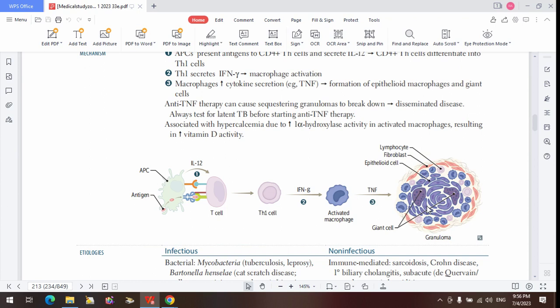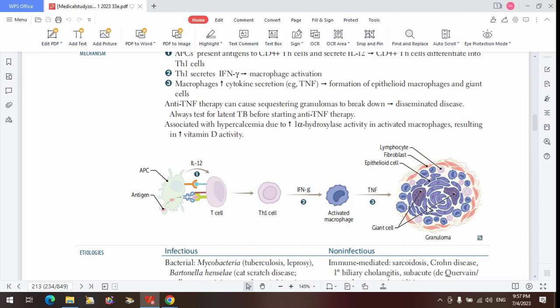Once it gets acted upon by this 1-alpha hydroxylase, it converts that 25-hydroxycholecalciferol to 1,25-dihydroxycholecalciferol, which is another name for vitamin D. So 1,25-dihydroxycholecalciferol is vitamin D.